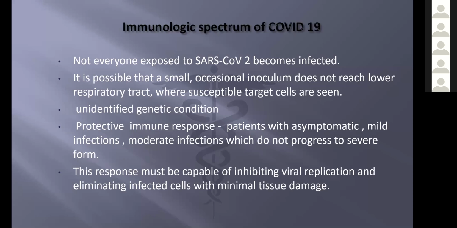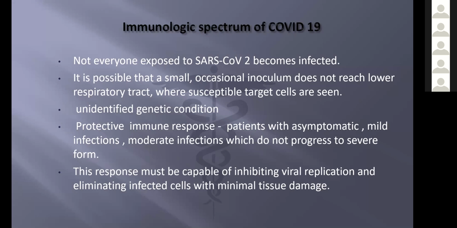Despite the high infectivity of COVID-19, not everyone exposed to SARS-CoV-2 becomes infected. There may be many reasons for that. It is possible that a small occasional inoculum does not reach the lower respiratory tract where susceptible target cells are seen, or there may be some unidentified genetic condition.